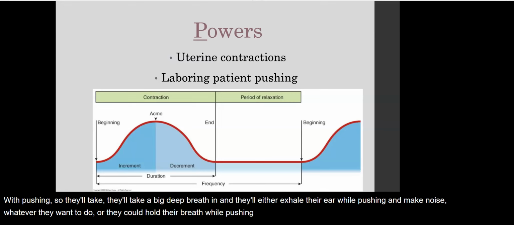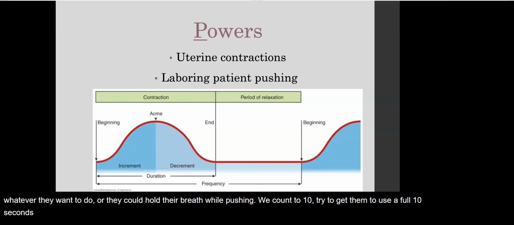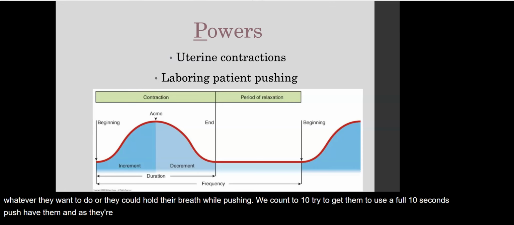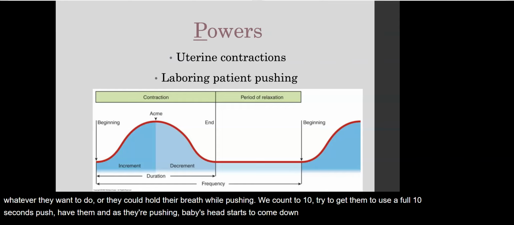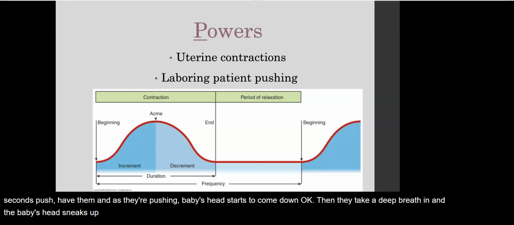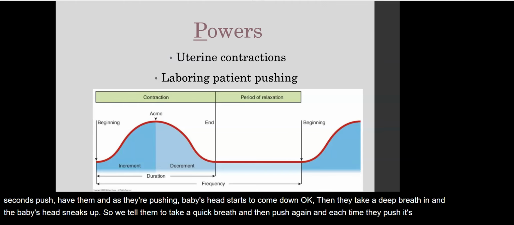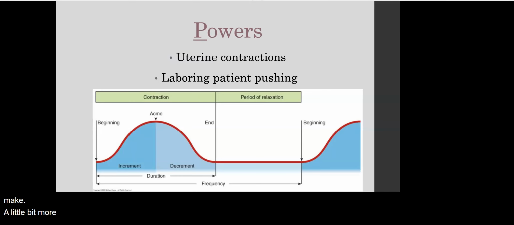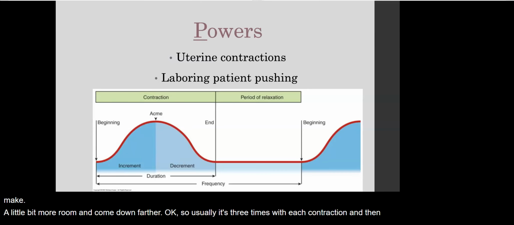We count to 10, try to get them to use a full 10 second push. As they're pushing, baby's head starts to come down. Okay. Then they take a deep breath in and the baby's head sneaks up. So we tell them to take a quick breath and then push again. And each time they push, it's going to make a little bit more room and come down farther. Okay. So usually it's 3 times with each contraction and then have her rest in between.